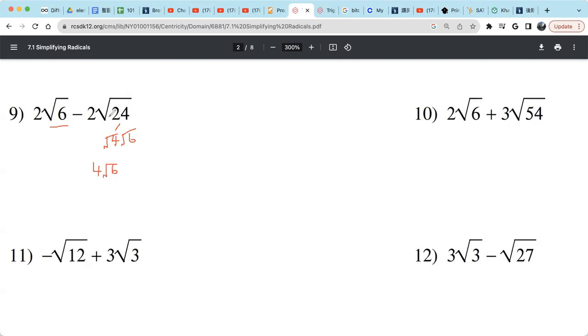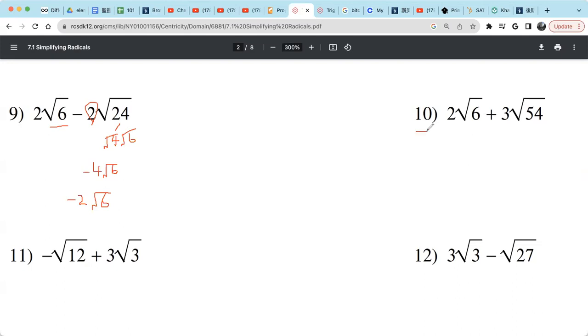Right? Because square root of 24 is 2 radical 6, because square root of 4 is 2. 2 times this 2, that becomes 4. But we have a negative sign, so negative. 2, now we have like radicals of square root of 6. 2 minus 4 is negative 2. So our answer for 9 is negative 2 radical 6.